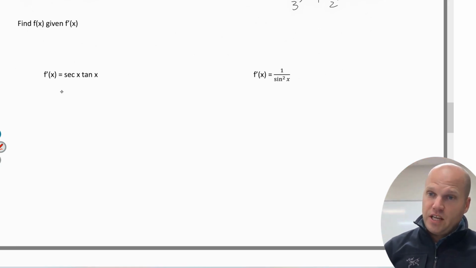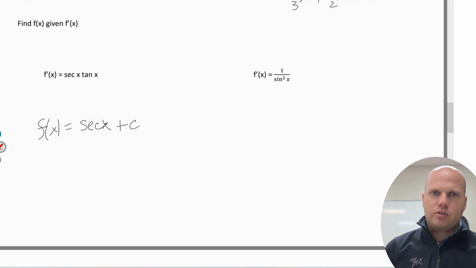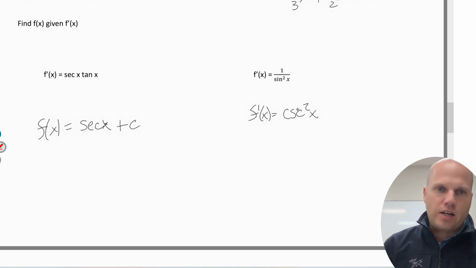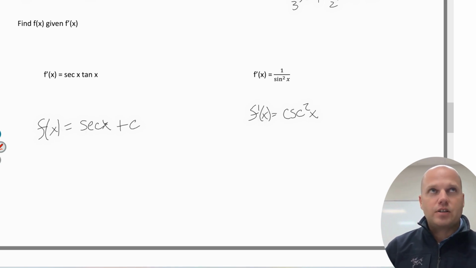The derivative of secant is secant tangent. So you just have to remember that. I'm not going to give you anything crazy that you don't think you're going to be able to do. 1 over sine squared. Oh, well, isn't that just cosecant squared? Isn't the reciprocal of sine cosecant? Oh, isn't the derivative of cotangent cosecant squared? Well, the derivative of cotangent is negative cosecant squared. So that means I need negative cotangent, that has a derivative that's positive cosecant squared.